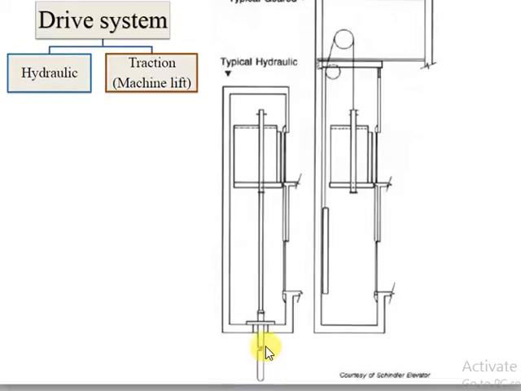Here, a hydraulic ram is located at the base of the lift, which pushes a piston attached to the bottom of the lift car. So the movement of the piston will cause up and down movement of the lift car. Whereas in a traction lift, the mechanism of pulley and gears, by the action of rotation and counterbalance, moves the lift carriage up and down in the lift well.